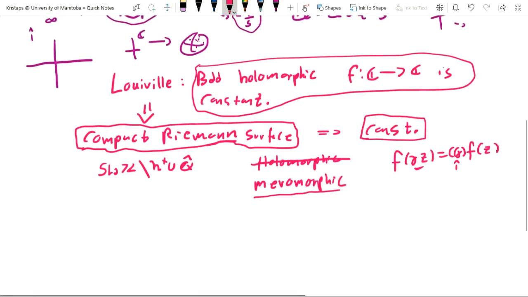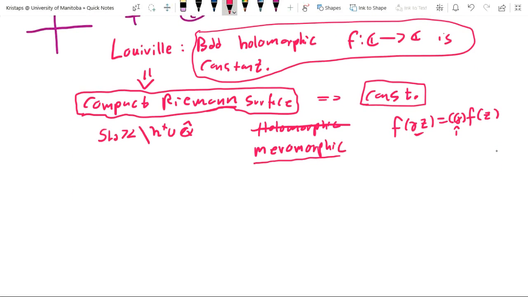So towards the end of figuring out what sort of constants we might want to allow to come in front for these transformations, having matrices act on points of the complex upper half plane, it's perhaps not too clear what we could take as a constant coming out in front. Perhaps a determinant of sorts, and we'll see that does pop up in the theory. But let's consider the other realization of this geometric object. Stepping back from the point at infinity for a moment, if we just go back to SL2Z and the complex upper half plane, this is identified with the space of lattices modulo complex scalar multiplication.